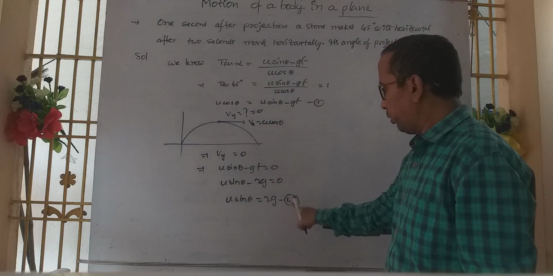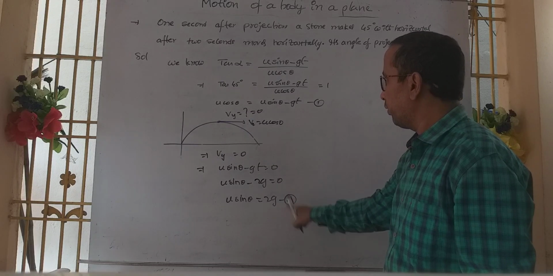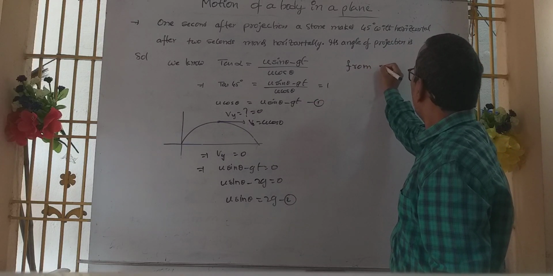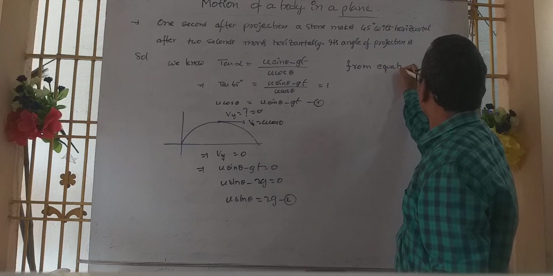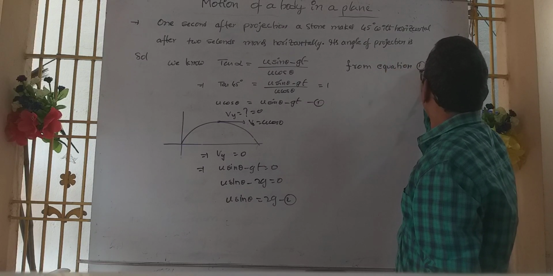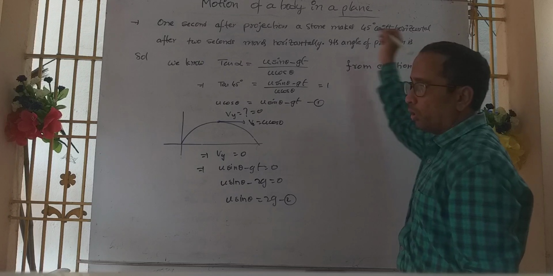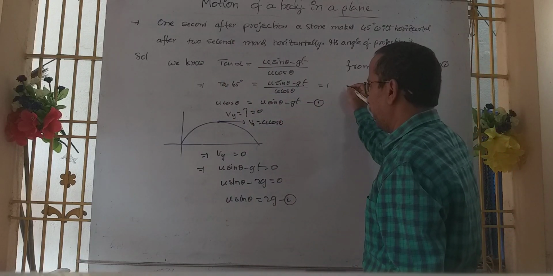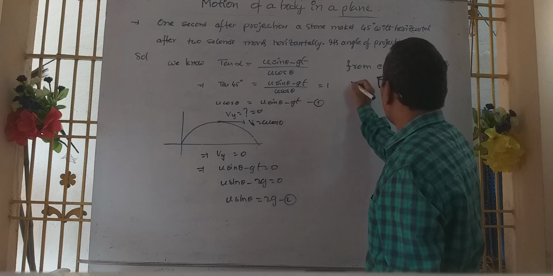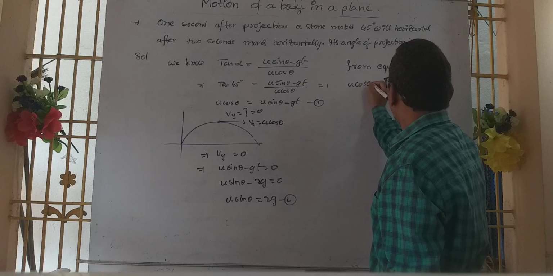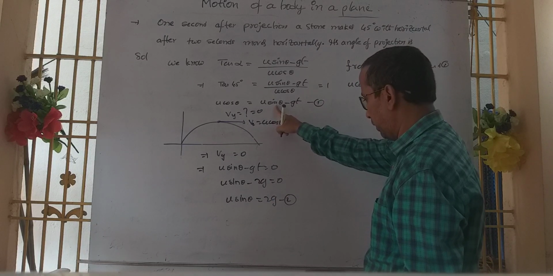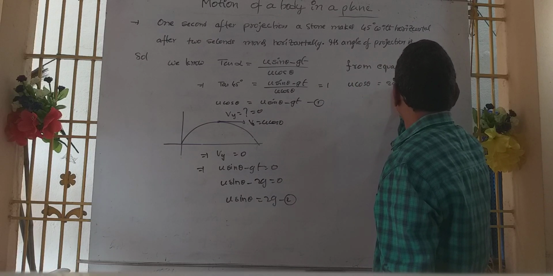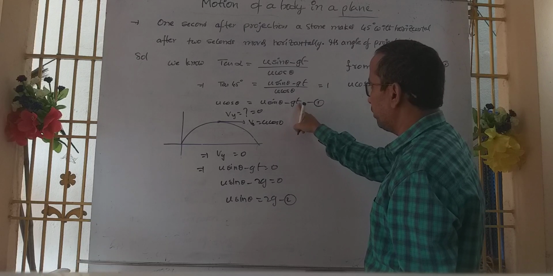So from equations 1 and 2, what can we have? u cos theta is equal to u sin theta minus g into t. u sin theta is how much? 2g. 2g minus g into t.